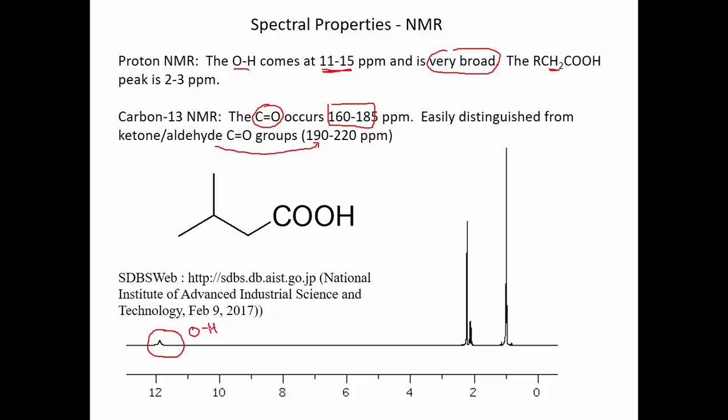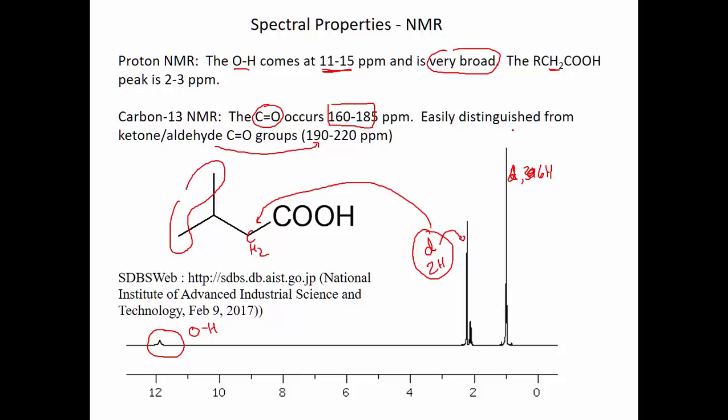When we extend it this far, the other peaks have become so small that it's hard to tell the difference between singlets, doublets, triplets, or whatever. So what we have here is that this is a doublet, 2 hydrogens. And of course, it goes to these 2 hydrogens here. This is a doublet, 6 hydrogens, and goes to these here, and this is a nonet.